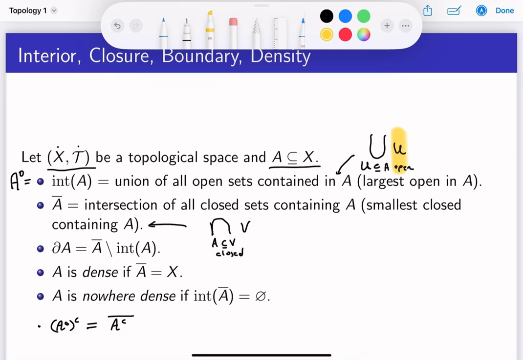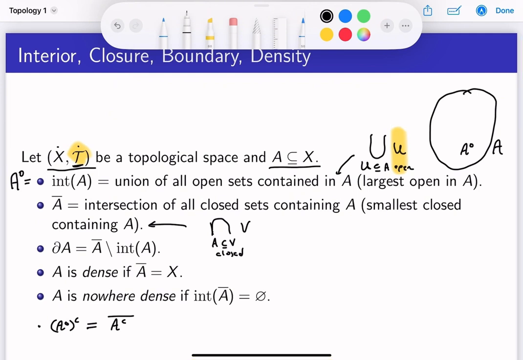We're saying that the interior of A is the union of all elements of the topology T that sit in A. Okay, so we have the set A. It is in X. It of course contains some elements of T, at least the empty set. And what we're going to do is union up all the elements of T that fall in A, and we're going to call that the interior. In other words, the union of all open sets in A. It's going to be the interior.